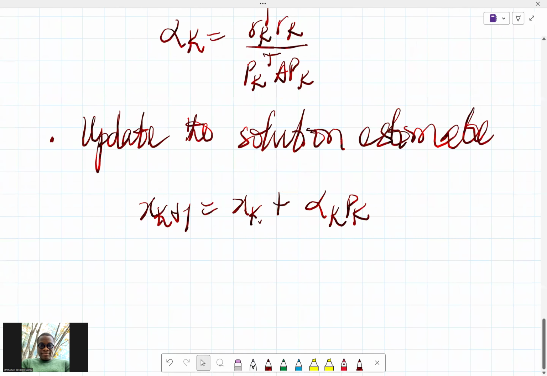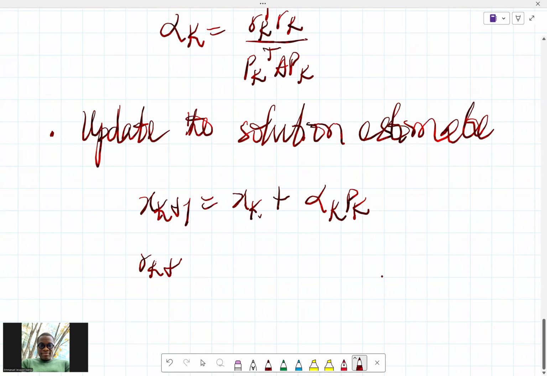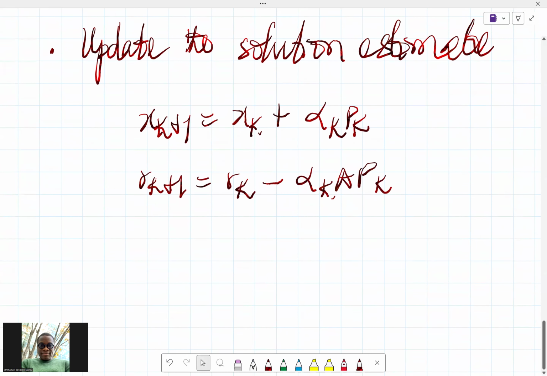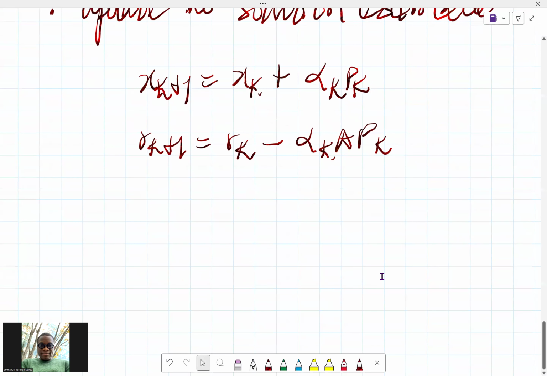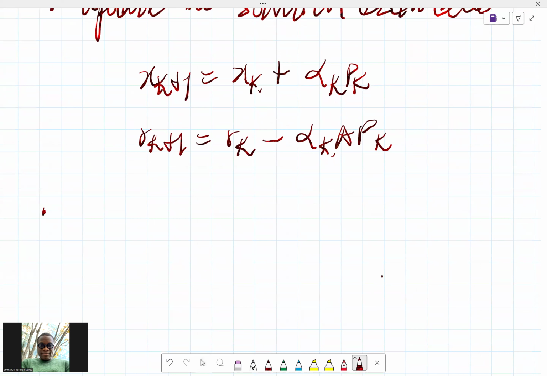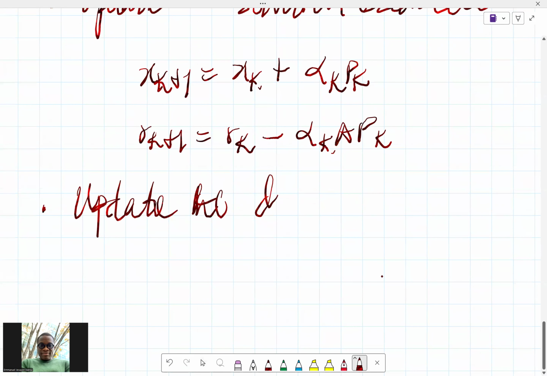And then we have rk plus 1, which is equal to rk minus alpha k apk. This is quite a lot, I think. Then next, we update the direction vector.